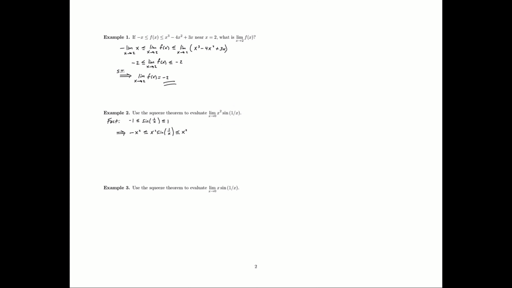Now we can just take the limit of each portion. So the limit as x goes to 0 of negative x squared less than or equal to the limit as x goes to 0 of x squared sine of 1 over x less than or equal to the limit as x goes to 0 of x squared.